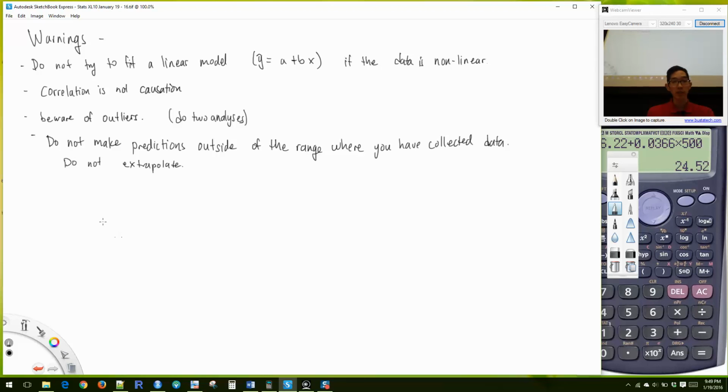Let's say you have a child and you are very excited about measuring his or her height all the time.